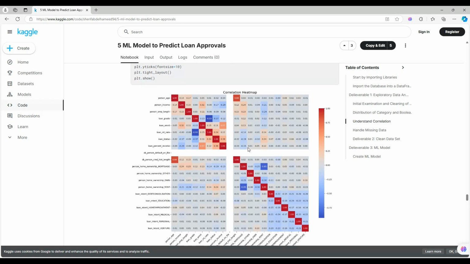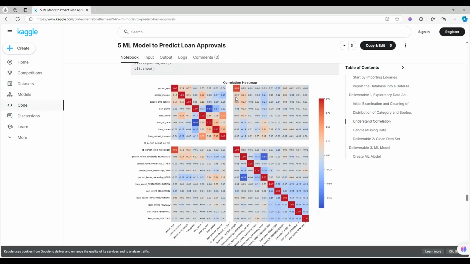So first, person age relates to the person's credit history length at 0.88, a strong relationship. We have the loan grade relating to the loan interest rate at negative 0.93, which is very important.